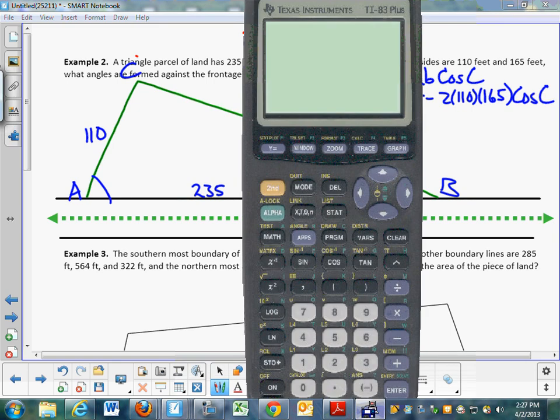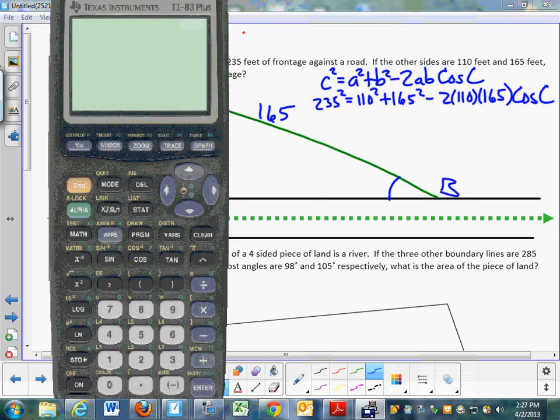That accounts for some big numbers. Let's not write it all out. 235 squared minus 110 squared minus 165 squared equals 15,900.